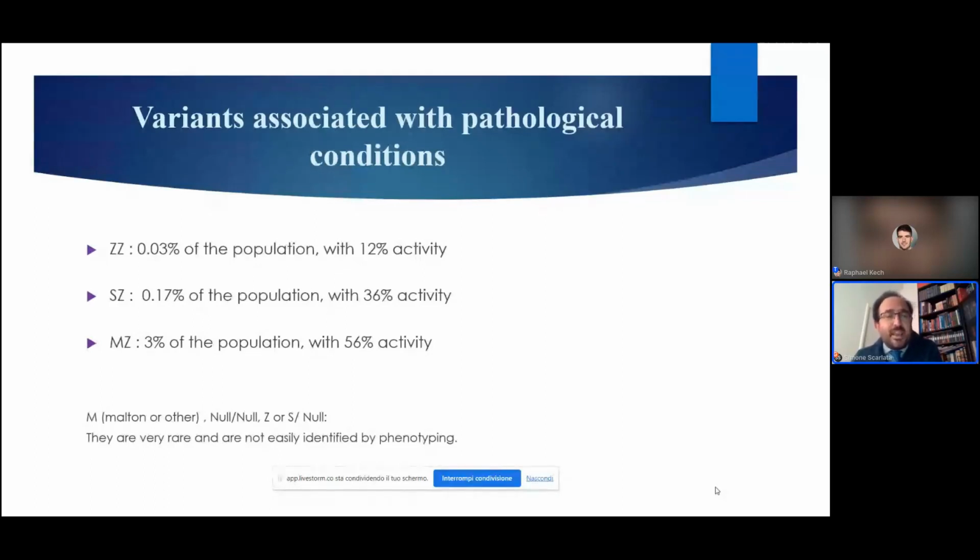I included again the MZ variant in the list of those variants associated with pathological conditions because in some cases, when the abnormal genotype is associated with clinical and environmental risk factors such as smoking or other kinds of exposure, the deficiency, although intermediate, may be associated with relevant clinical pathological features.